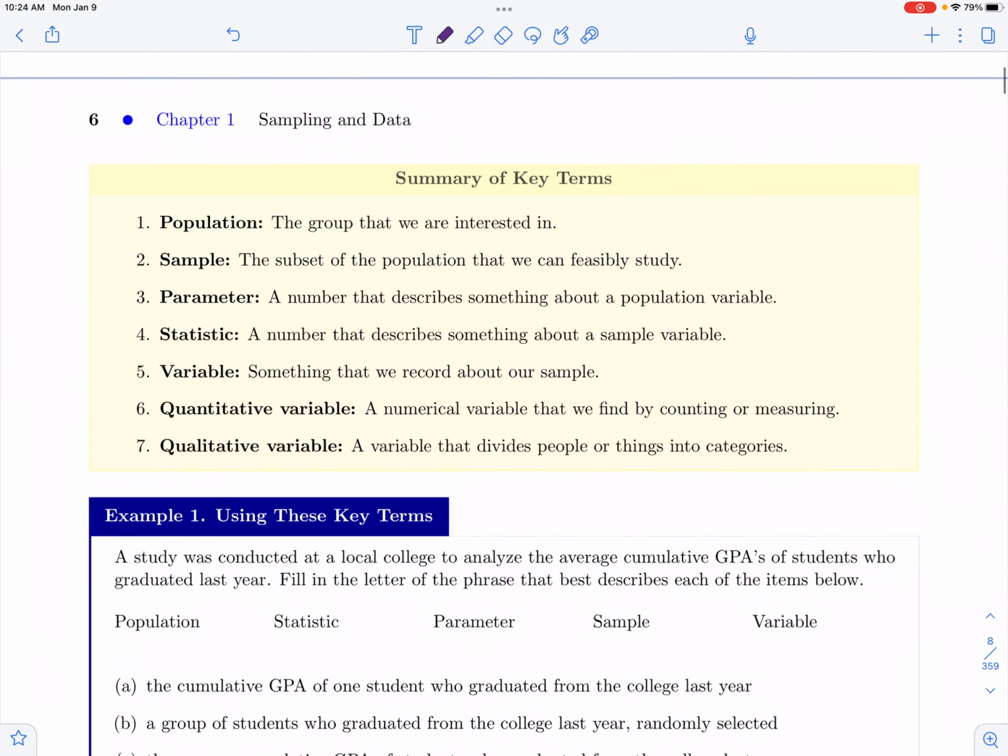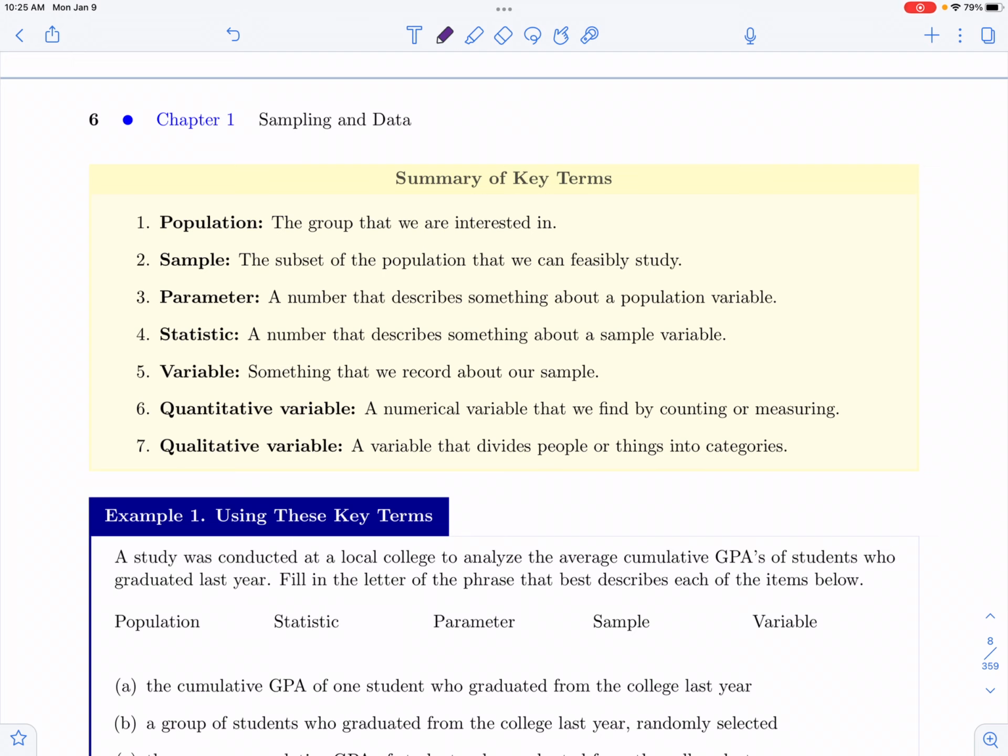Again, just a quick summary of what we've got. Our population is the group that we're interested in studying. Our sample is the small group that we surveyed of the population that we can actually study. Our parameter describes something related to the population variable, so either population mean, population standard deviation, or population proportion.